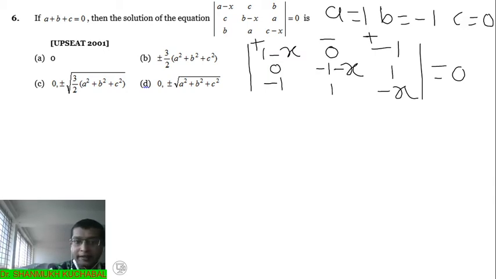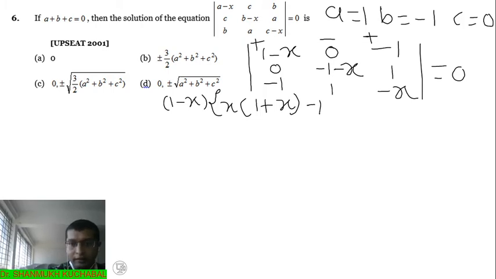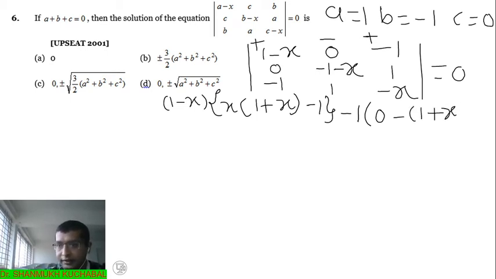Now I expand this, so we get 1 minus x inside a flower bracket, so we get x into 1 plus x, minus 1, then minus 0, no need to write that, so we get plus into minus, minus 1 into 1 into 0, right, it is minus 1 plus x, equal to 0.